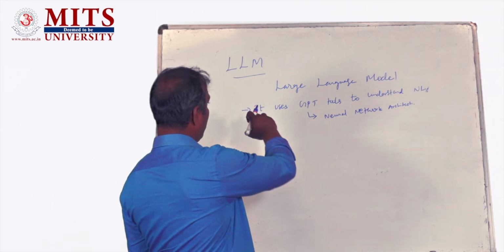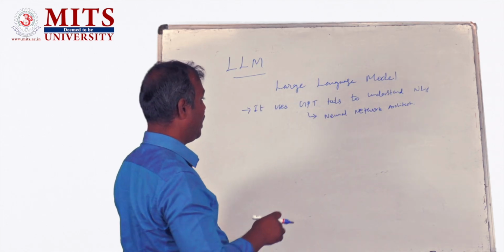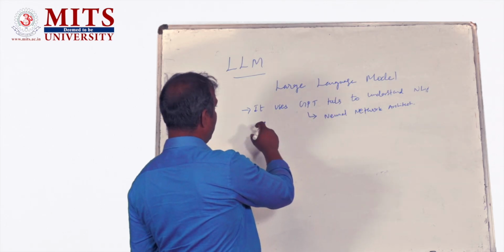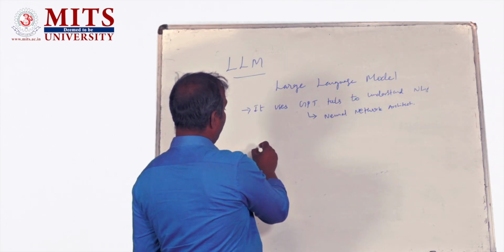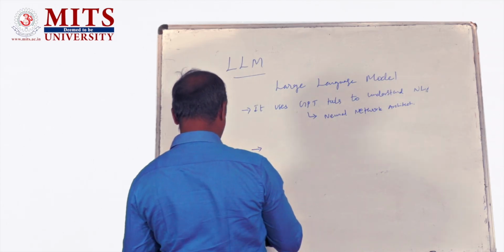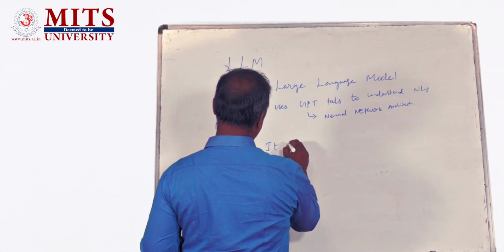Okay, we are talking about large language model. The large language model uses GPT tools to understand natural language. Once after understanding natural language, this LLM produces output. And before that, let us know what it is: a type of AI. What is LLM?